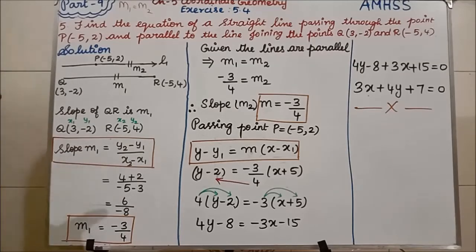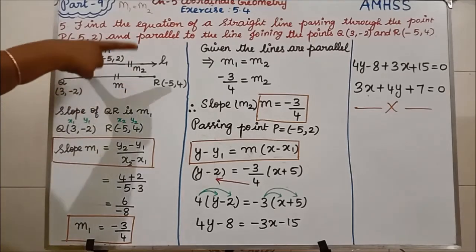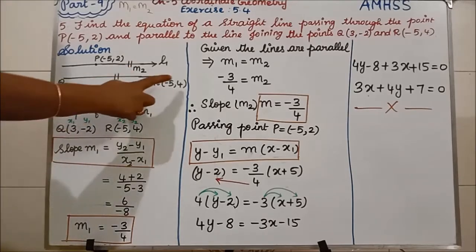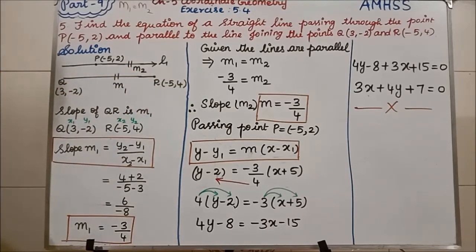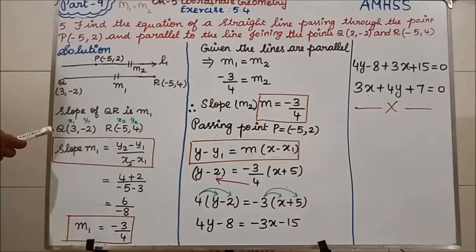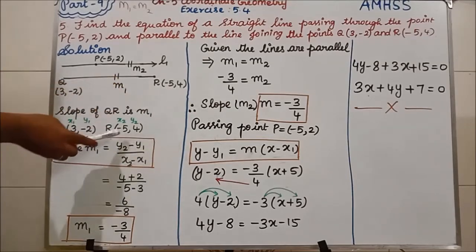See, first they have given 2 points. Using the 2 points, we are going to find m1. In the exercise, starting with exercise 5.2, we have learned the 2-point formula. If they give 2 points, how will you find the slope? Slope of QR is m1. Q is (3, -2) and R is (-5, 4).